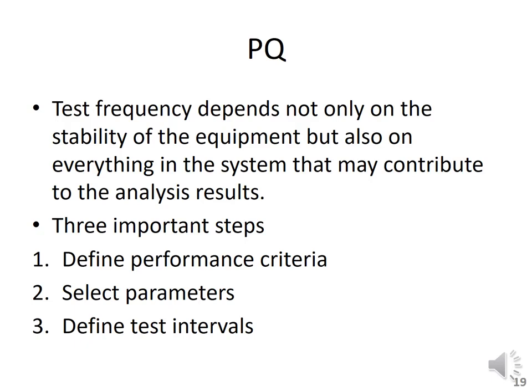Okay, and then you have to give the intervals, the time definition, that after this much time this test will be performed, and by this you can give all the necessary detail of the performance qualification of our process.